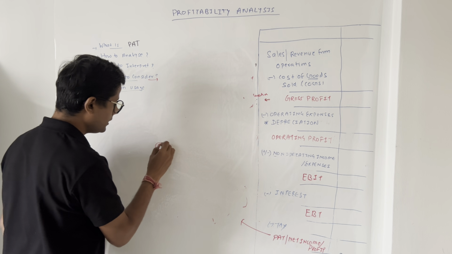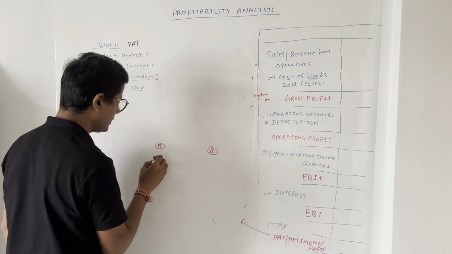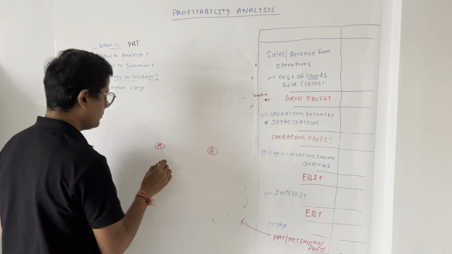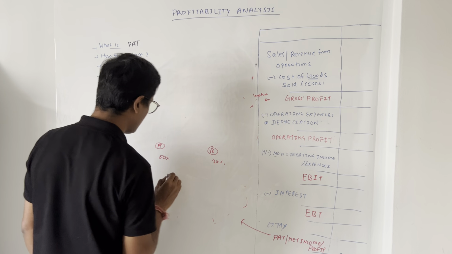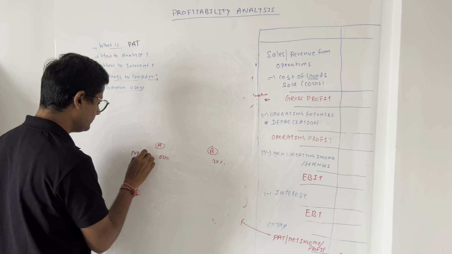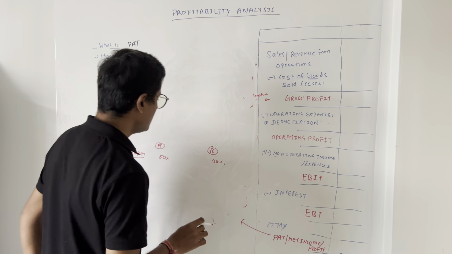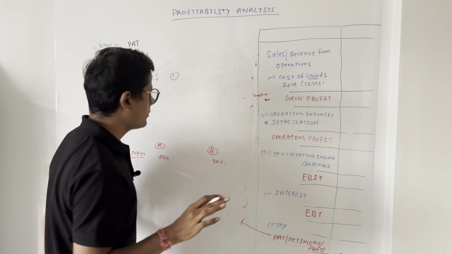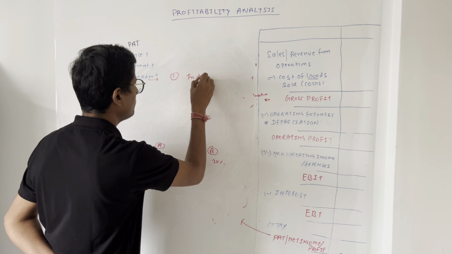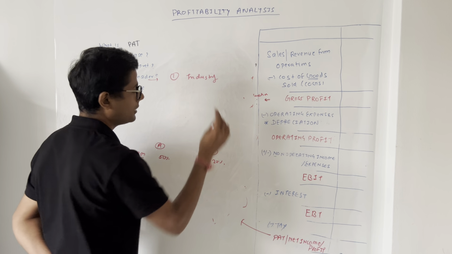If I take the same example, we were trying to compare A and B. Let's say this has 50% profitability, this has 20% profitability, net profit margin. So first, for any profitability comparison, we need to make sure that what we are comparing is actually comparable or not.